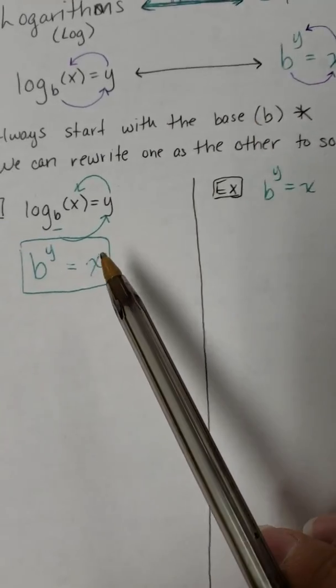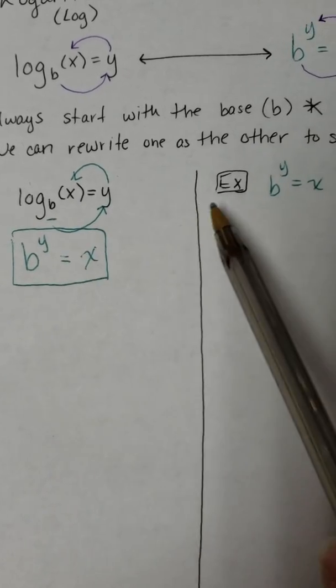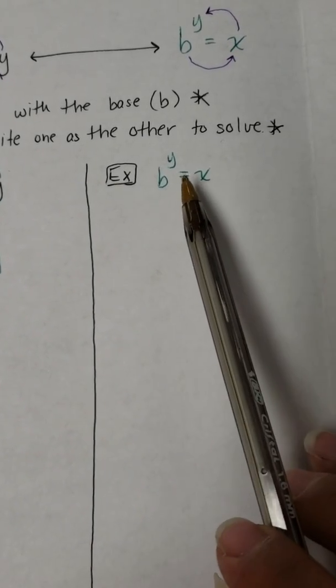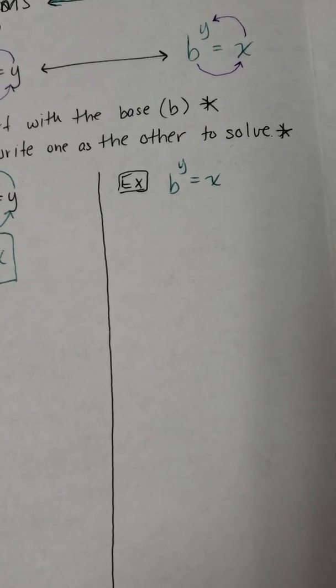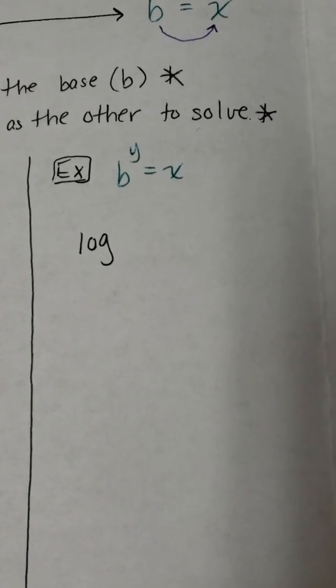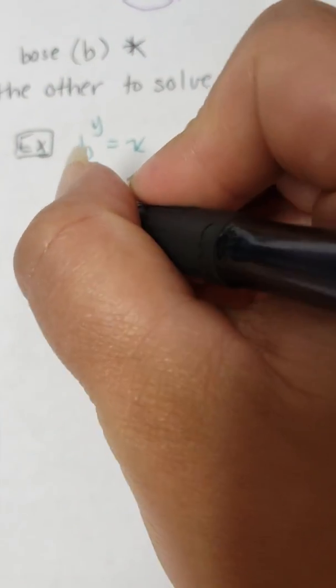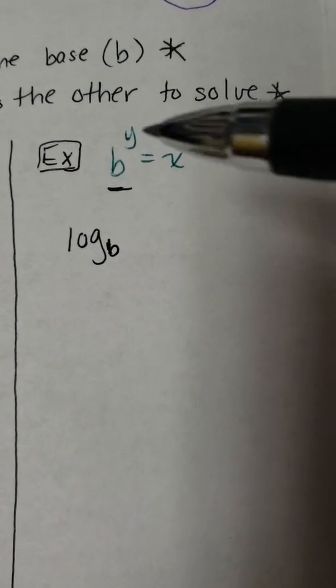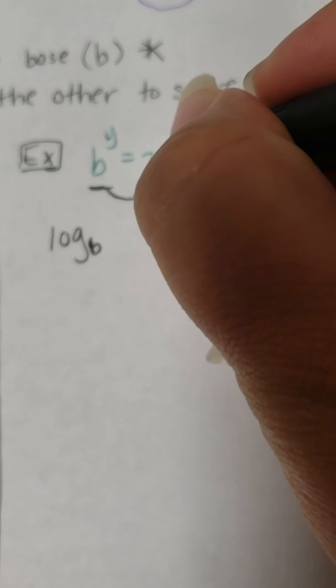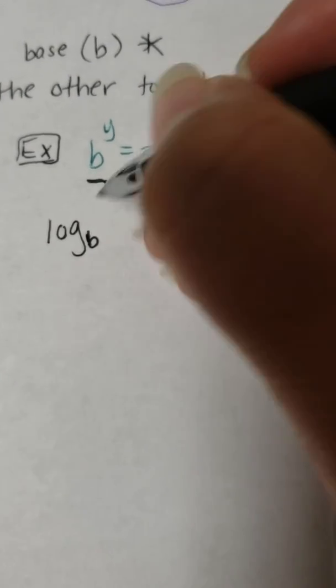Okay? So now I'm going to do the same thing, but I'm going to jump to the other side. So let's say I have an exponential. I want to write that as a logarithm. Well, now that you're going to do a logarithm, you do have to start with the word log. Okay, so there's that word log. And I'm going to start with the base again. So there's my b. And the base would be this tiny little b right here. Okay, hopefully it's not as blurry as it's looking for me right now. And you go around, so b to the power of whatever's over here.